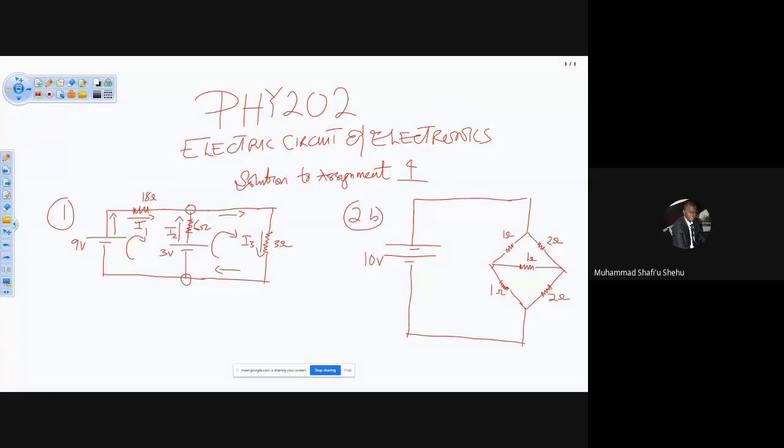The next thing to do is to apply our Kirchhoff junction rule for current, which gives a single equation, and then the Kirchhoff loop rule for voltage, which gives 2 equations. So what do we have as our first equation? The summation of current entering a junction is the same as current leaving the junction. Which current is coming in and which is leaving?